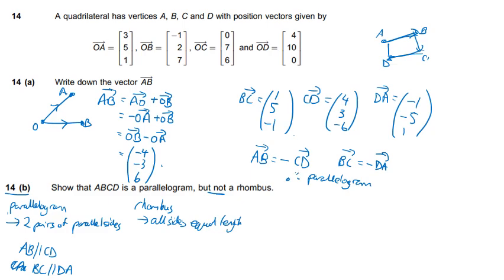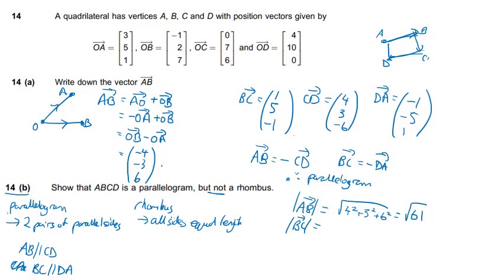Right, now what we just need to do is check the lengths of some of these sides. So the length of AB, for example, is the square root of 4 squared plus 3 squared plus 6 squared. So 16 plus 9 is 25, plus 36 is 61. What about BC then?